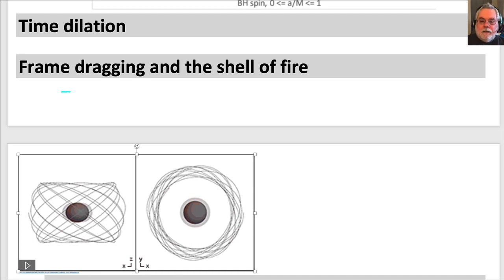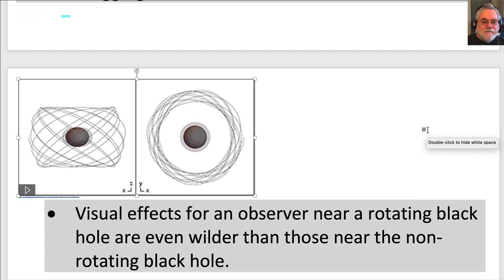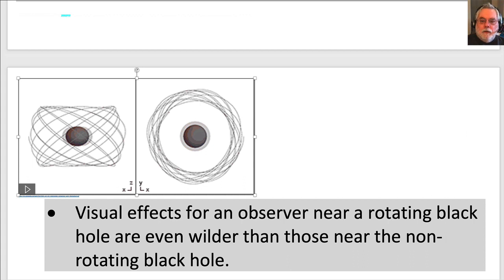The shell of fire light orbits that are not equatorial look something like this. Later we will see that visual effects for an observer near a rotating black hole are even wilder than those near the non-rotating black hole.